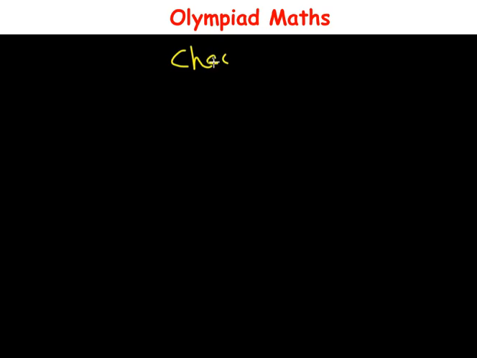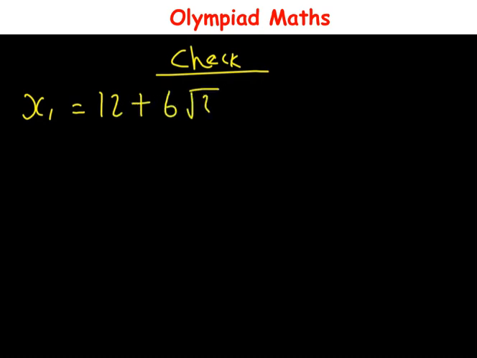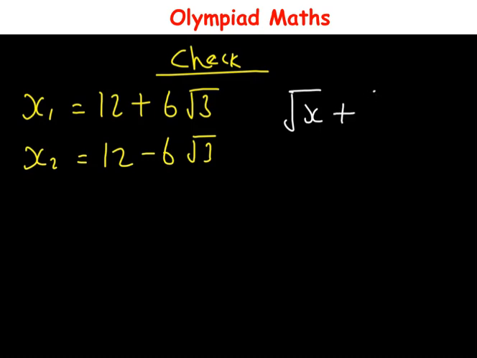Let's check. We have the first value, x1, equal to 12 plus 6 times root 3, and the second value, x2, equal to 12 minus 6 times root 3, and the equation is root x plus root 3 is equal to 3.